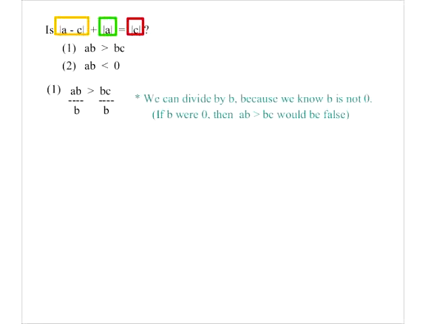So what this means is there's two cases. Either B is greater than 0. If B is greater than 0, then the inequality wouldn't flip.